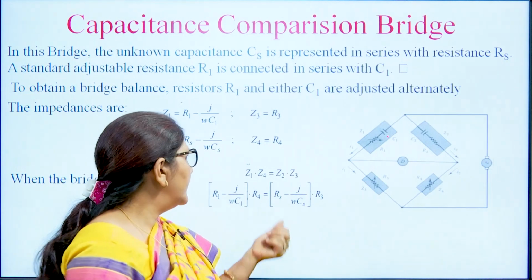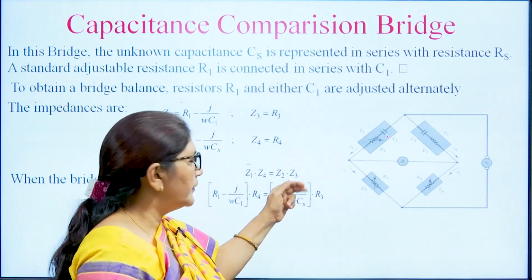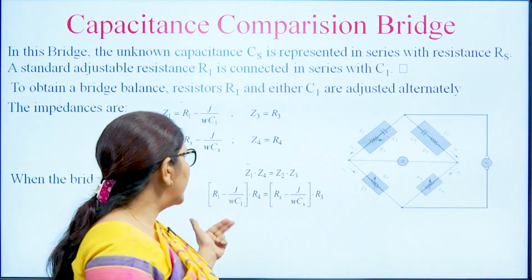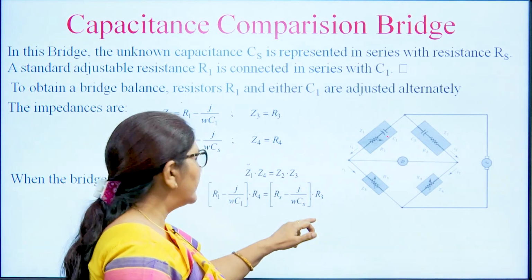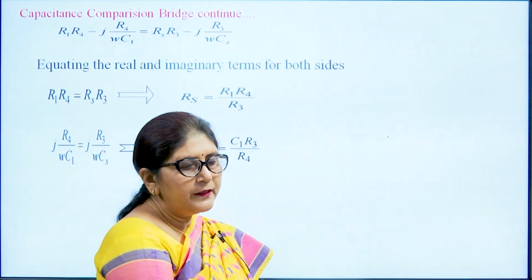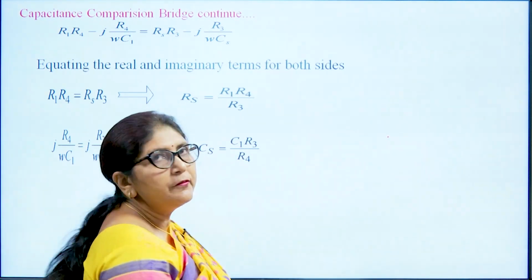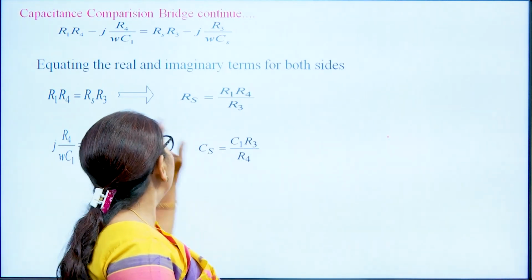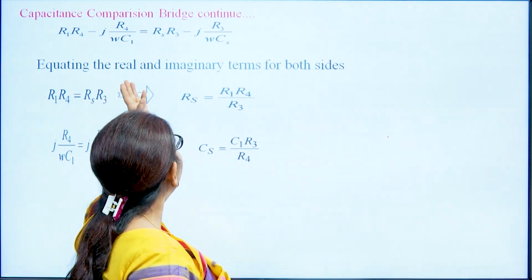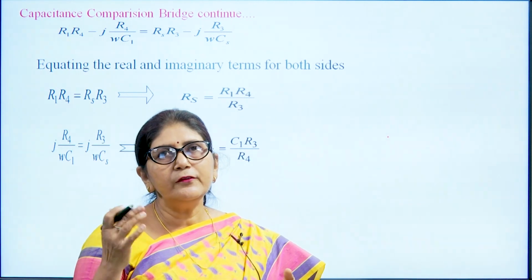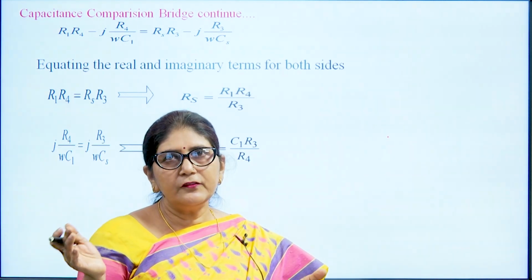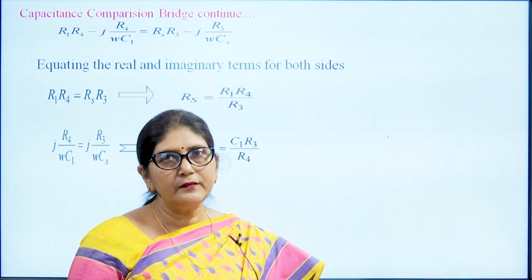Under the balance condition we know that Z1 Z4 is equal to Z2 Z3. Placing the values of Z1, Z4, Z2, Z3, we find this equation, and by solving it we get R1 R4 minus J R4 by omega C1 is equal to Rs R3 minus J R3 by omega C3.